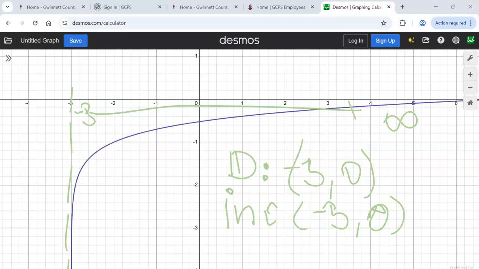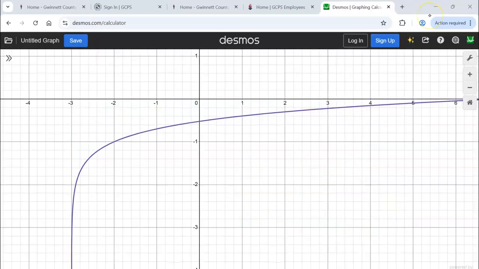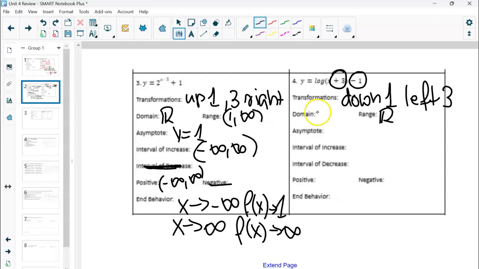Okay, no decrease, positive and negative. So write it down if you need to. Let's go back here very quick. So again, domain was -3 to infinity, and asymptote was at x equals -3. No decrease, increase was from -3 to infinity, okay?